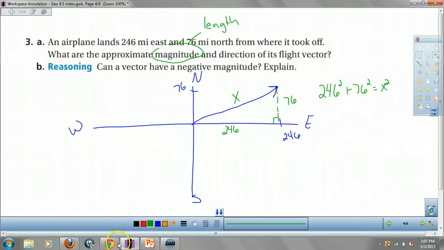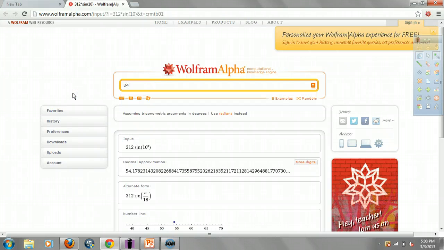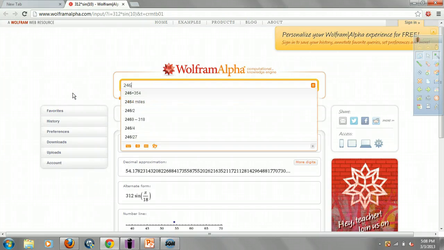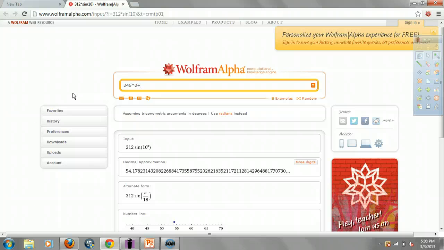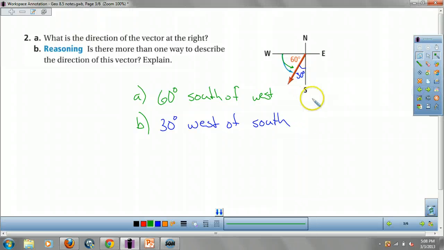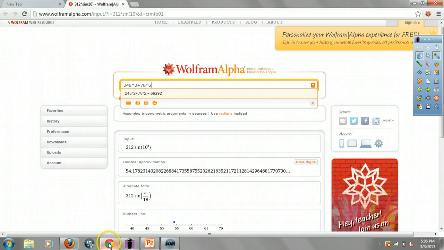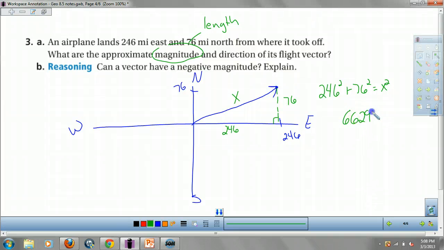I grab my handy dandy calculator, Wolfram Alpha. 246 squared plus 76 squared. 66292. Square root both sides. It says approximate. Approximate means we get to round, guys.